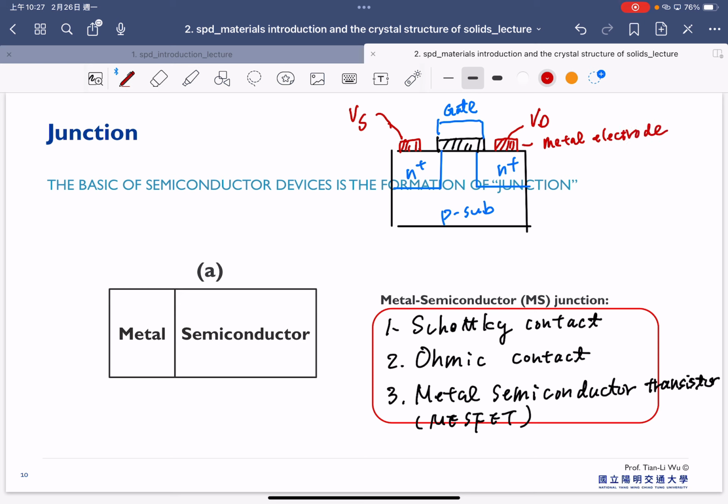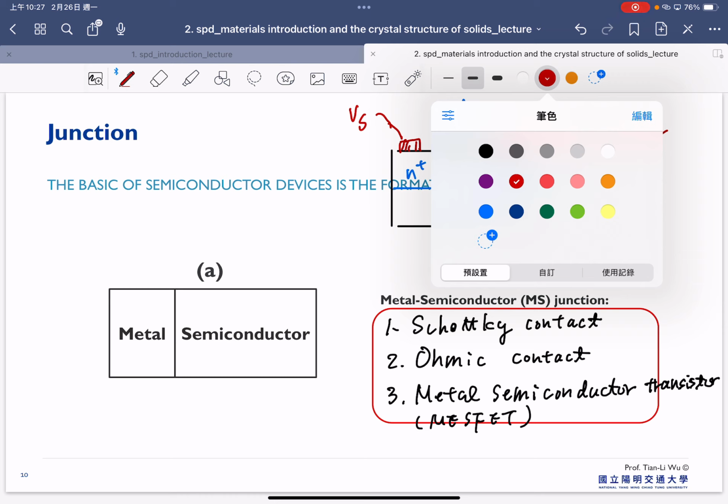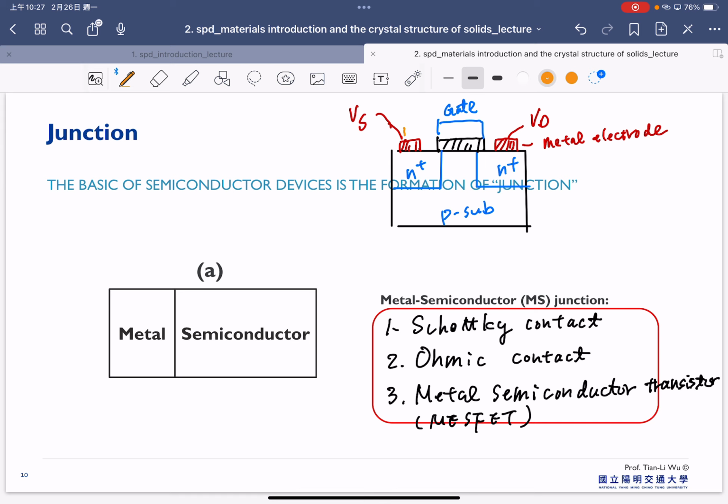So therefore the metal and semiconductor junction is shown in here. Right? This is a place where we have the metal and the semiconductor. And this is a place where we have the metal and the semiconductor.